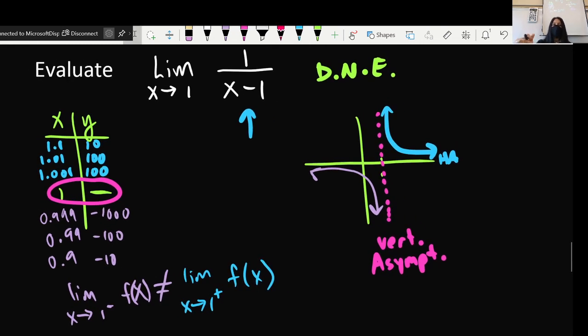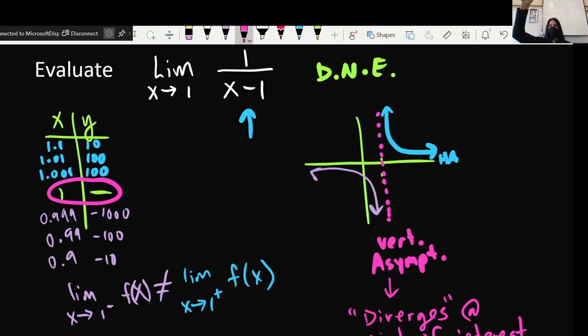Another way that I can write this, because you're going to see this vocabulary, is to say it diverges at the point of interest, meaning at x equals 1.